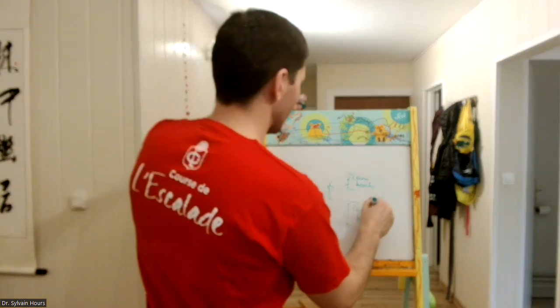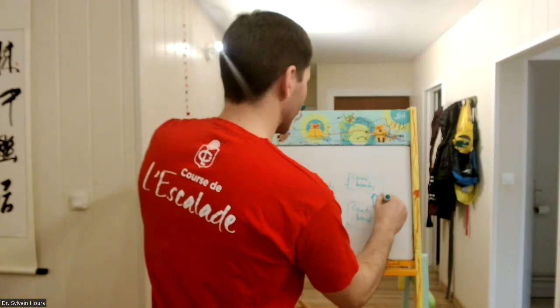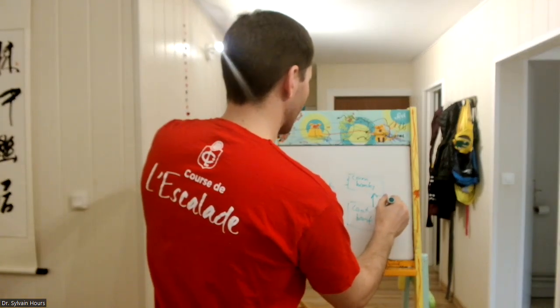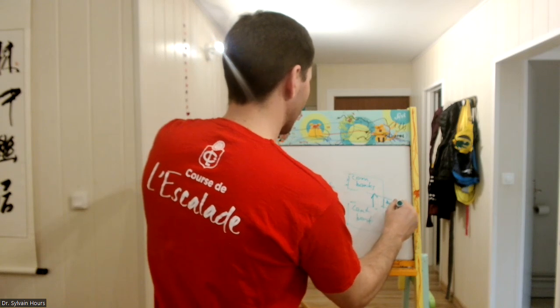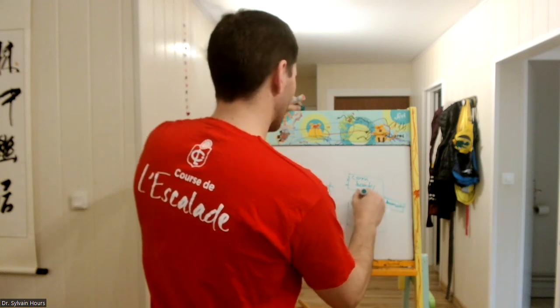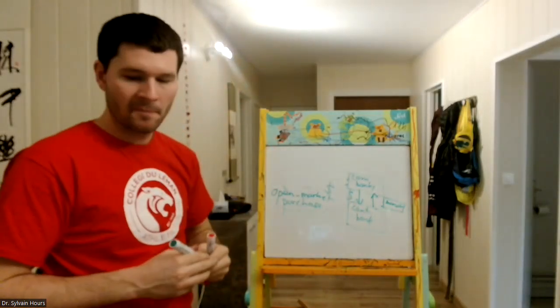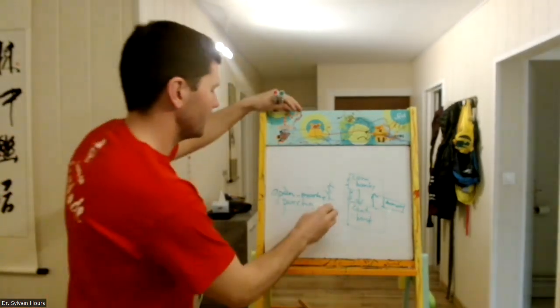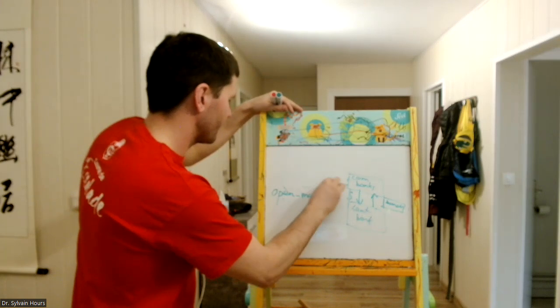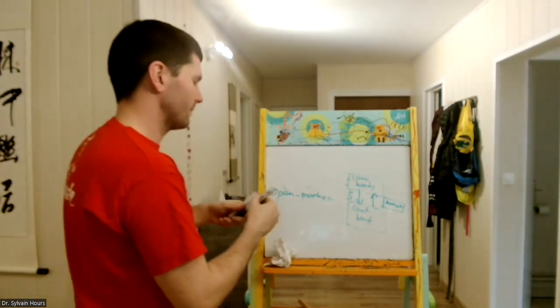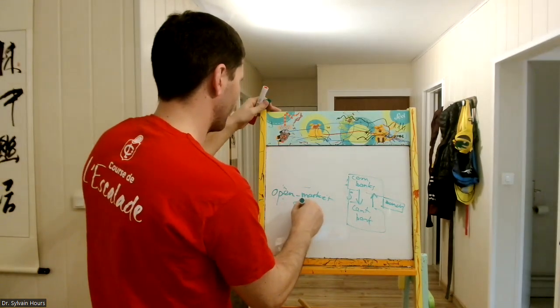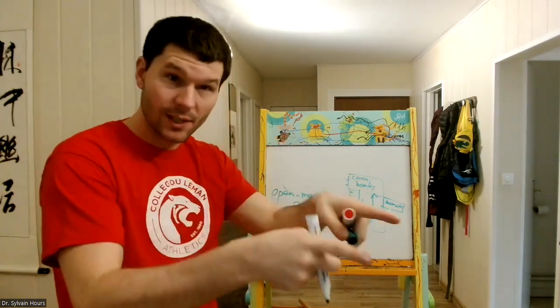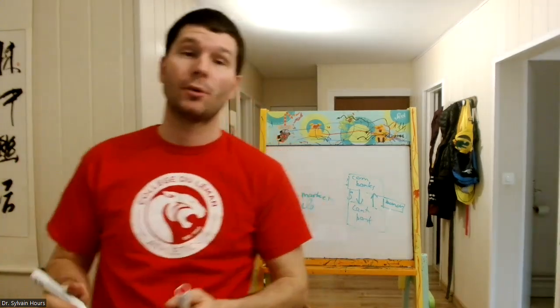And it goes the other way around. From the central bank to the commercial bank, you have the bonds. And from the commercial bank to the central bank, you have money. This is what we call an open market sale. When the central bank sells government bonds to commercial banks.